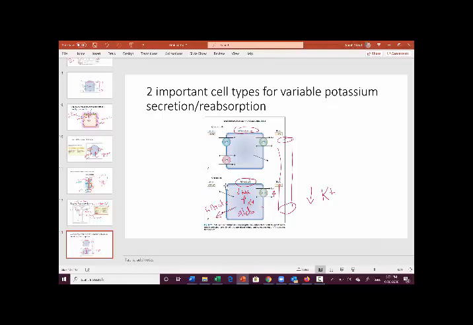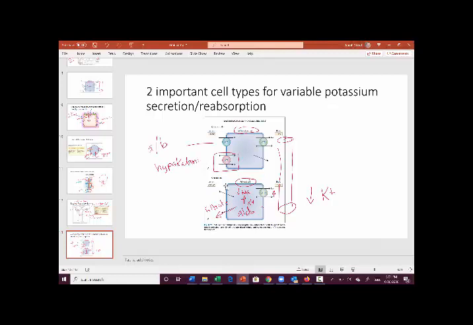The alpha intercalated cell, however, helps you if you have hypokalemia. And that's because it has this hydrogen potassium ATPase. Remember, the hydrogen ATPase shown up here is mostly for acid-base issues. The hydrogen potassium ATPase is mostly for hypokalemia.